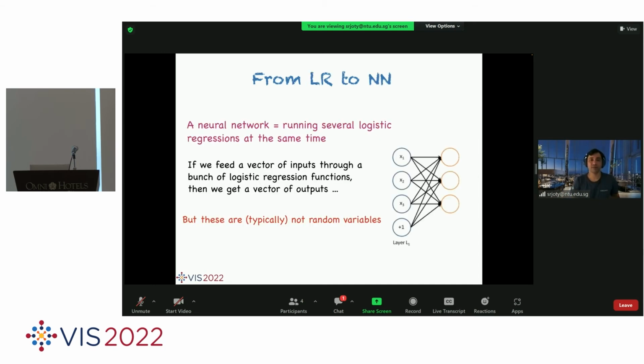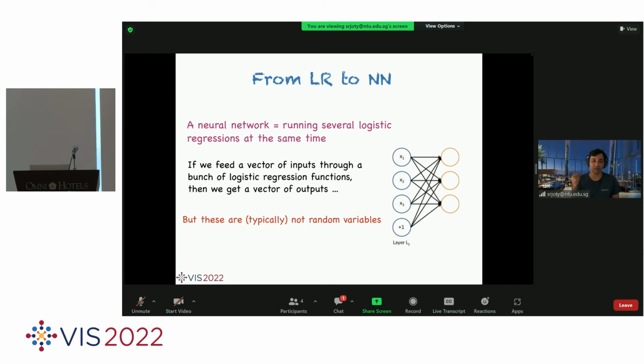Now, a neural network is actually equivalent to running several logistic regressions at the same time. So here you can think of each of these yellow circles as actually one logistic regression, which is taking the inputs, combining it with the weights, and then passing it through some activation functions. Okay.